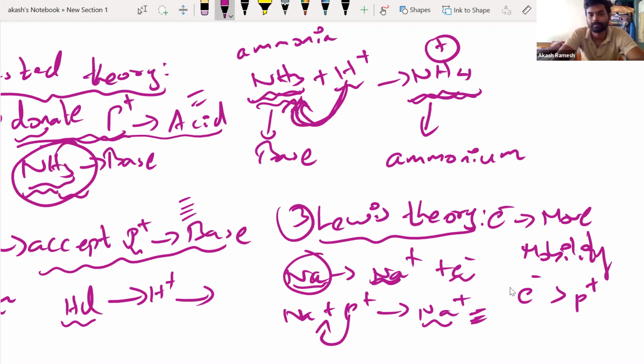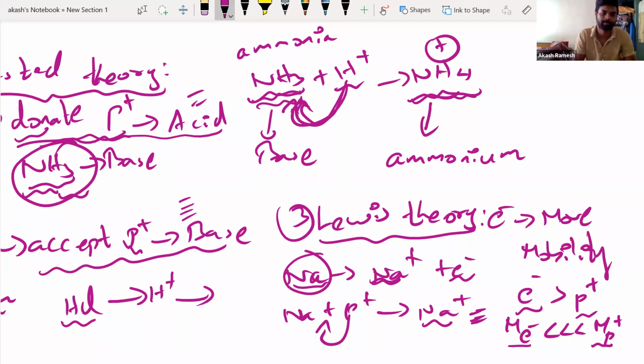The mass of an electron is very, very less when compared to the mass of a proton. So protons are very heavy and will find it difficult to move, but electrons are very small and light in weight, so their mobility is faster, or they move more easily than protons.